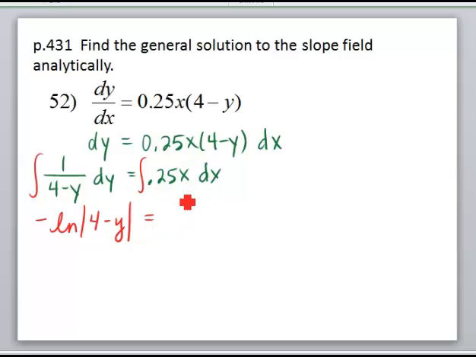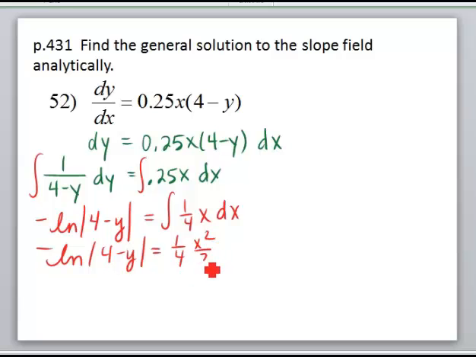This ends up equaling the integral of 1/4 x dx. So I have the ln, or negative ln, 4 minus y equals 1/4 x squared over 2 plus c. So the ln of 4 minus y is equal to negative 1/8 x squared plus c.